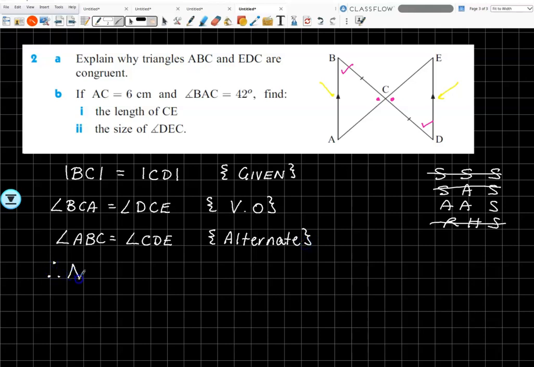So therefore, triangle ABC. Now, watch this one. 1, 2, 3. It's congruent. Now, people who are really particular, they'll do the angle, the lengths in the same order. So ABC, I'd go DEC.